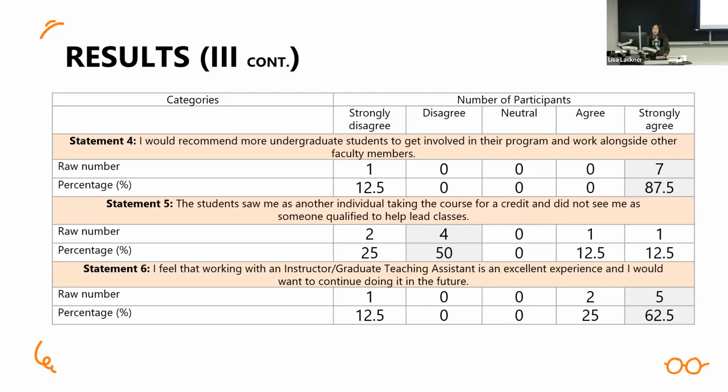Also, 62.5% strongly agreed that they will want to continue working with teaching assistants or instructors in the future. Whereas 50% disagreed with the idea that they would see themselves as working just as students.